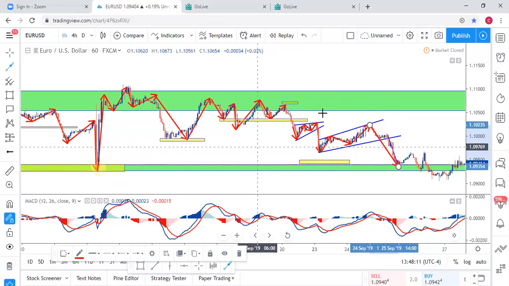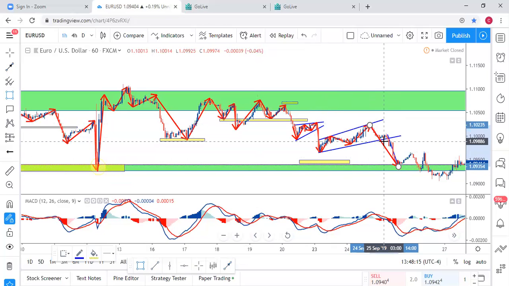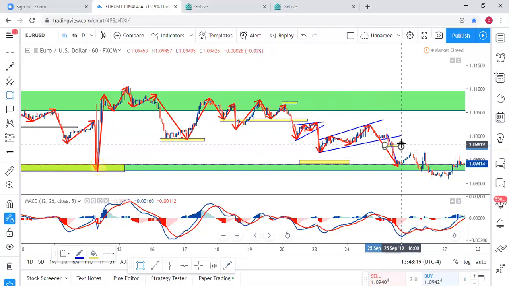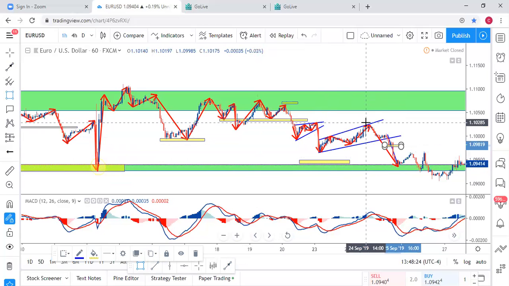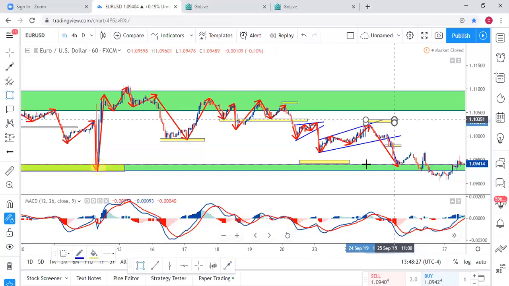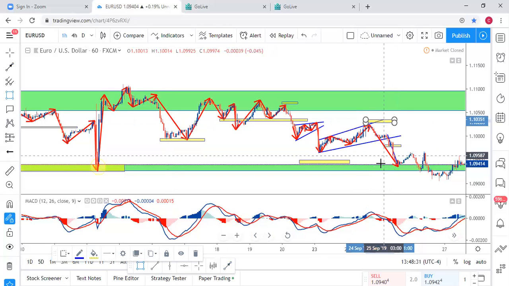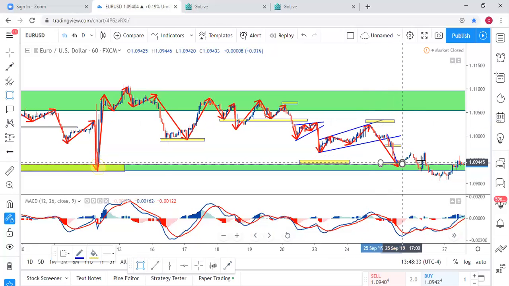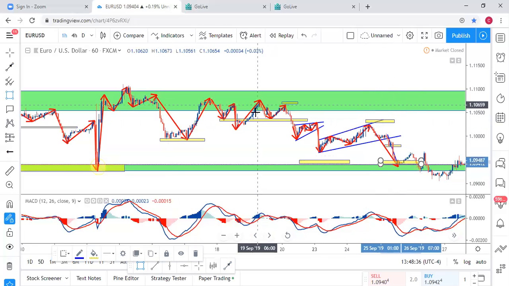If you didn't get in all of this move, your entry could have been here. After it closed, your entry could have been down here, right? Stop loss would have been a little higher, and your take profit would have been back down to support in this general area, right?